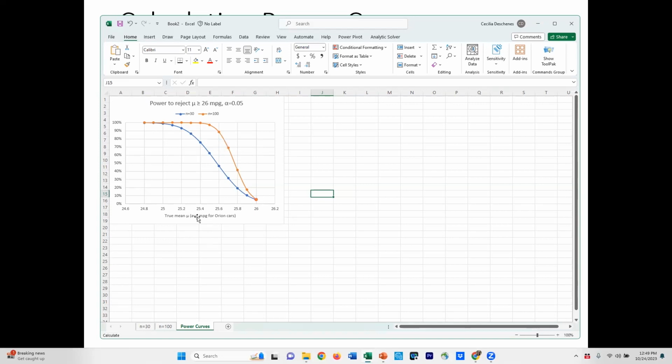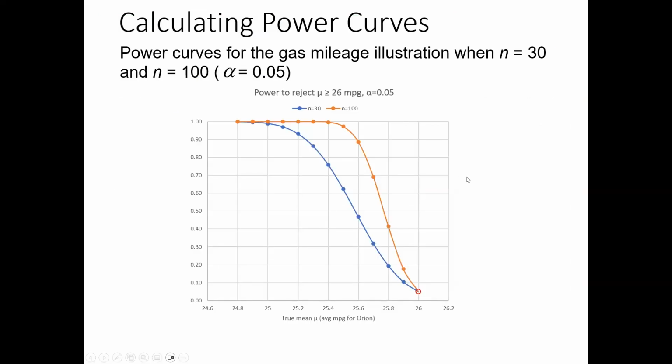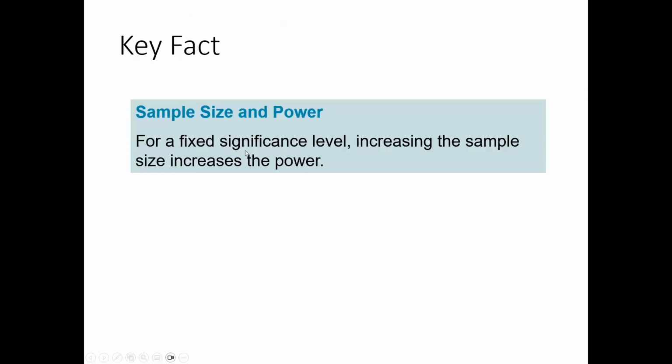So these are used all the time in the planning stages of a study to figure out how much sample size is needed to accomplish what is thought to be the case in reality, the thing you're measuring. For a fixed significance level, increasing the sample size increases the power, as we just saw.